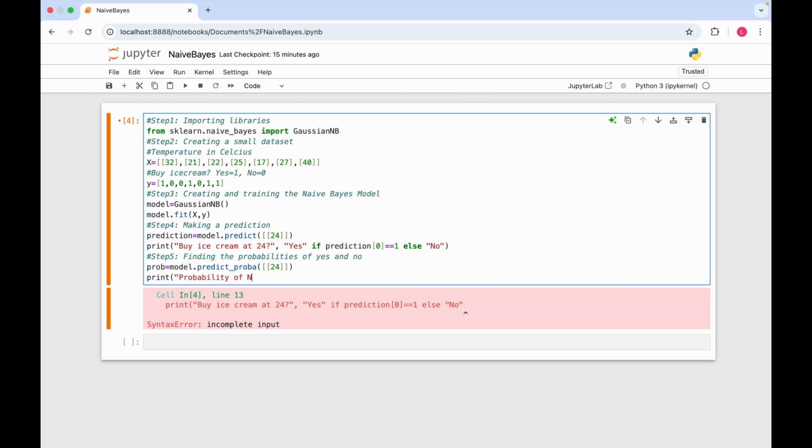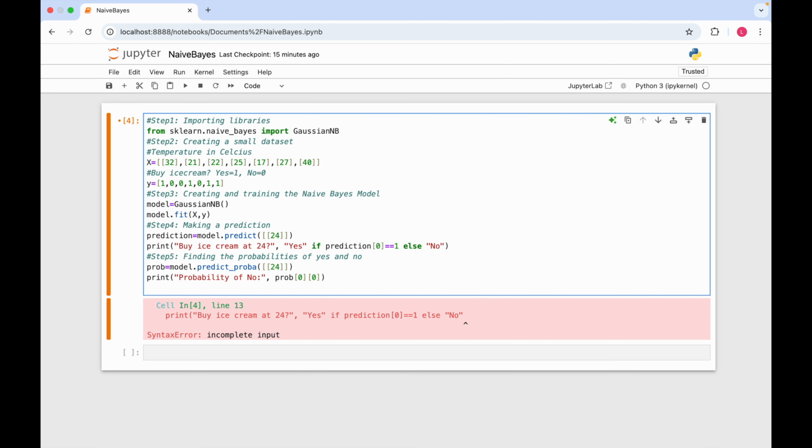Probability of no is prob[0][0], and similarly probability of yes is prob[0][1].